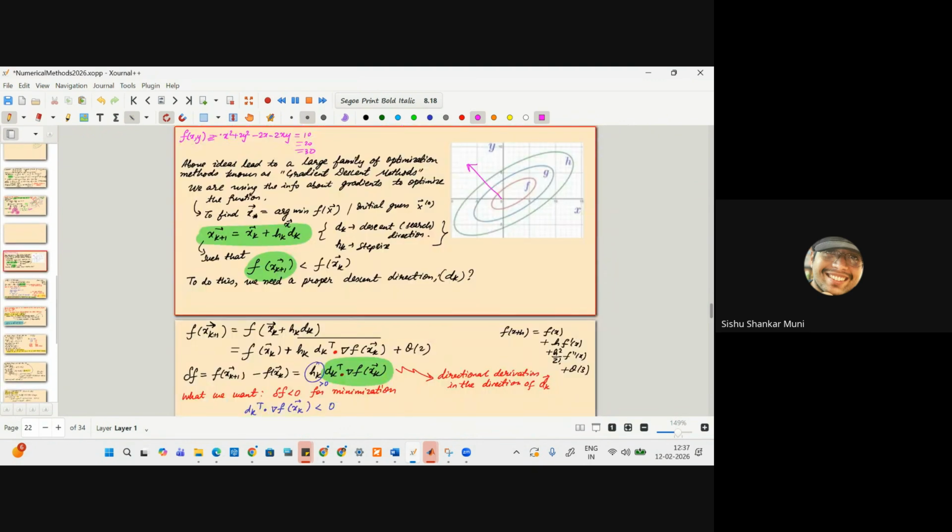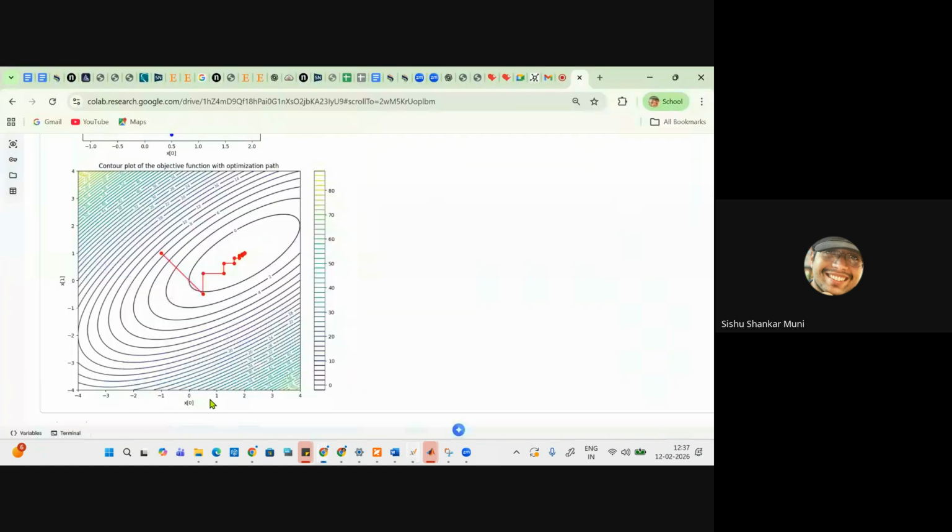See, here is your optimum somewhere. But here we took the tangent. Then we showed that the gradient is perpendicular to the tangent. So the opposite of that is the gradient direction, the steepest direction. But what you are asking is also correct: why do we have to go in this direction?